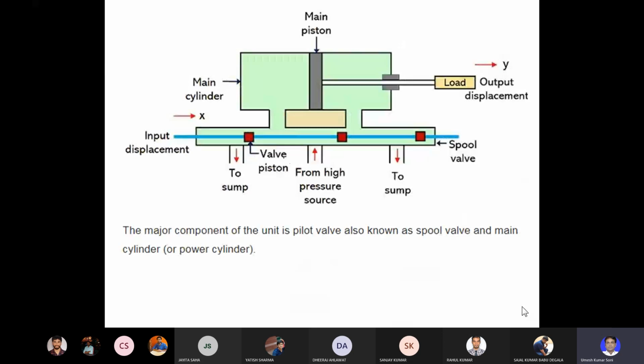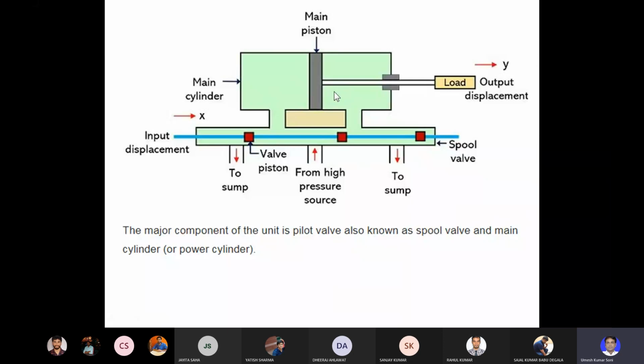So the hydraulic type of actuator systems. Here in the middle position, there is no circulation, and there is no resultant force inside the cylinder, and they will remain in the same positions. However, when you have the input displacement on either side, there will be a difference in pressure inside the main chamber, and the piston will move, so output displacement will be there.